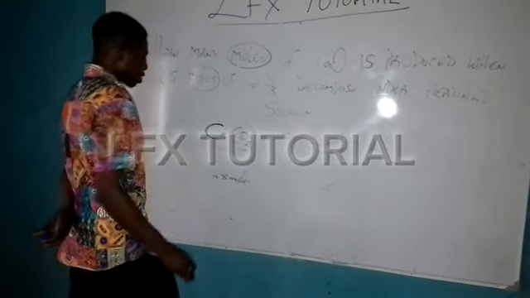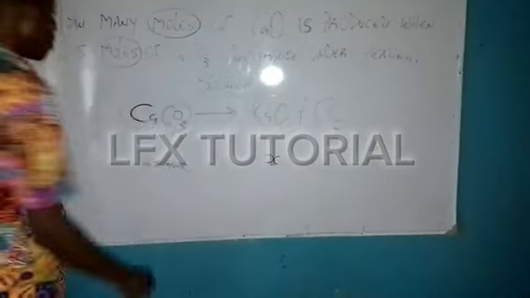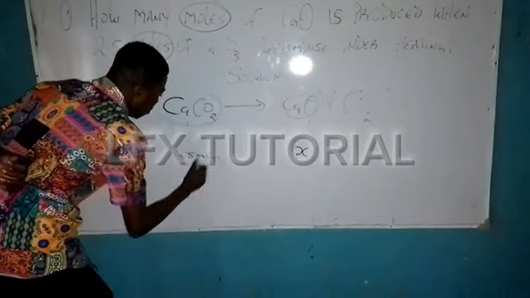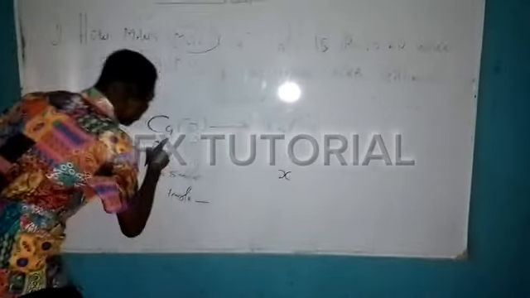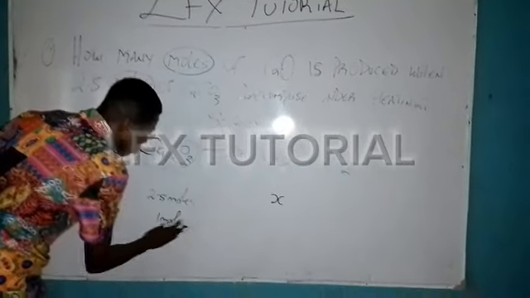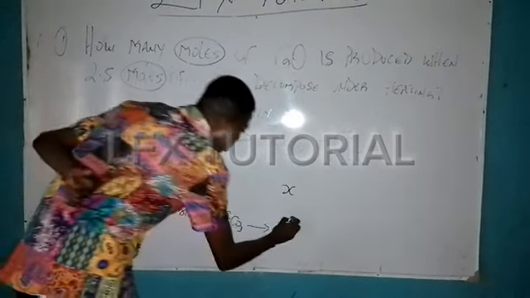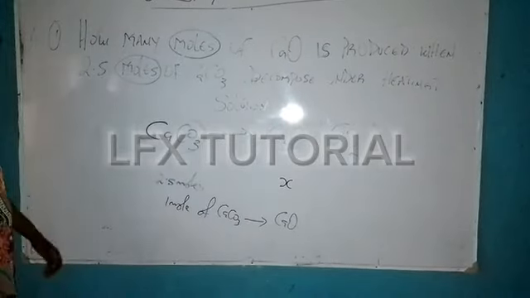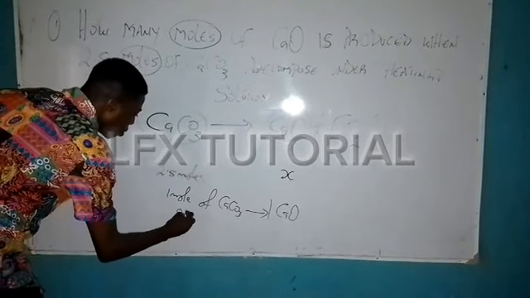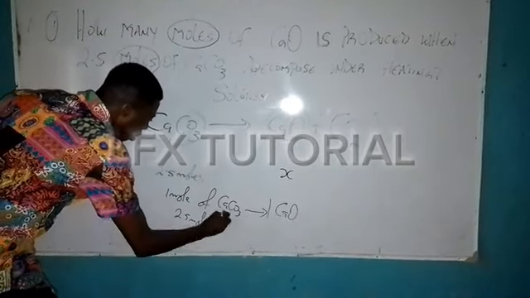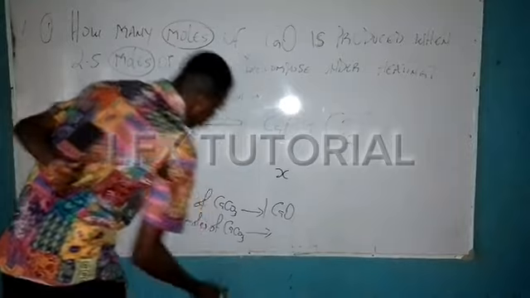First thing we are going to do is, when 1 mole of calcium carbonate, CaCO3, decomposes, we form 1 mole of calcium oxide. Then if 2.5 moles of calcium carbonate decompose, what are we going to form?